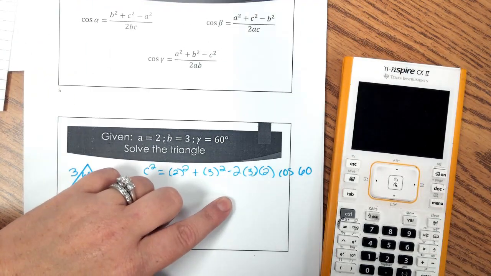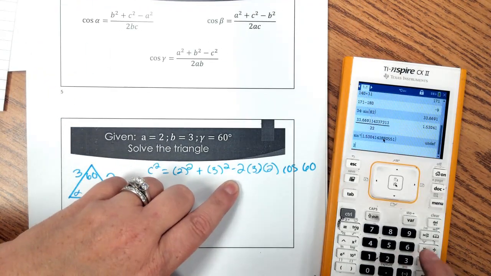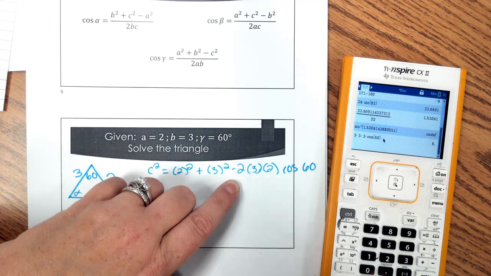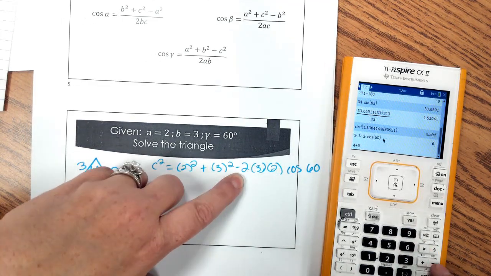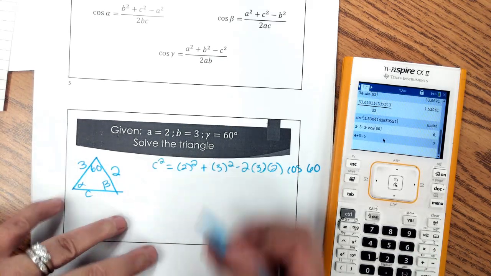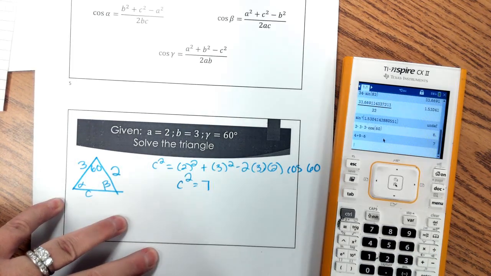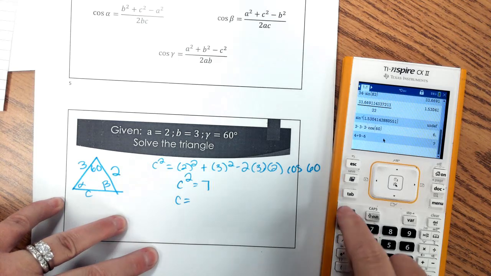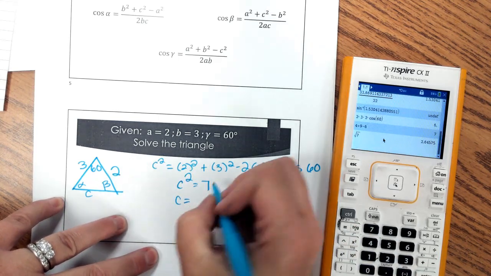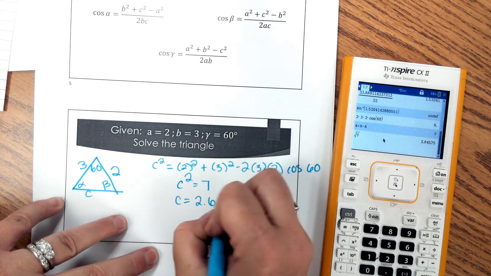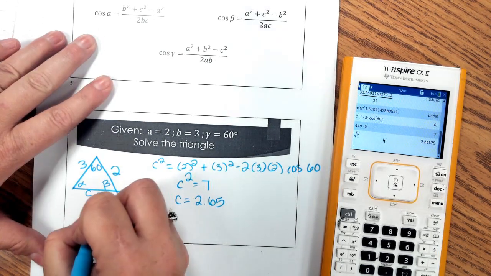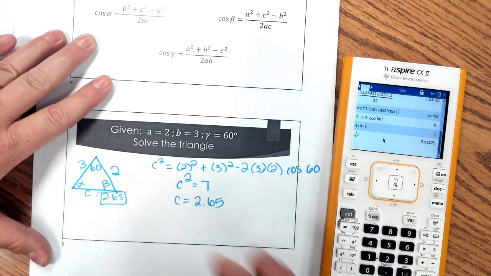So, let's turn on our calculator. 2 times 3 times 2 times the cosine of 60. Well, that was nice. So, I've got 4 plus 9 minus 6. So, C squared is equal to 7. So, C is equal to the square root of 7, which is 2.65.